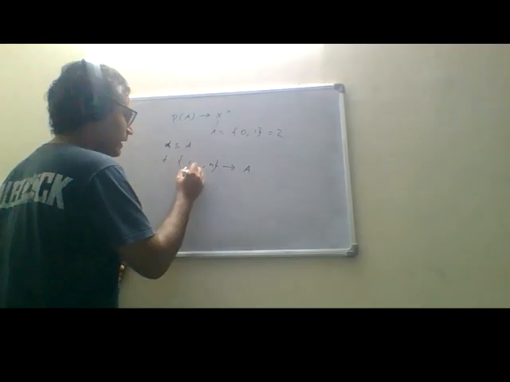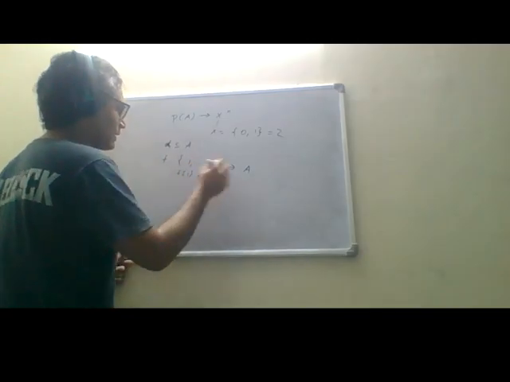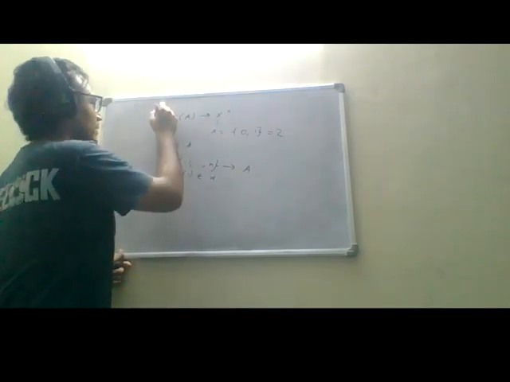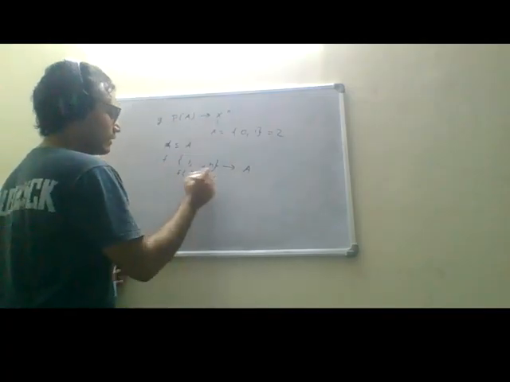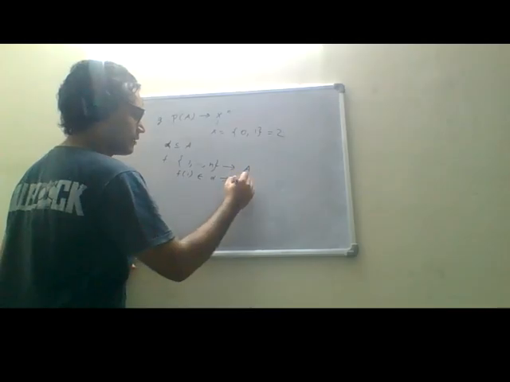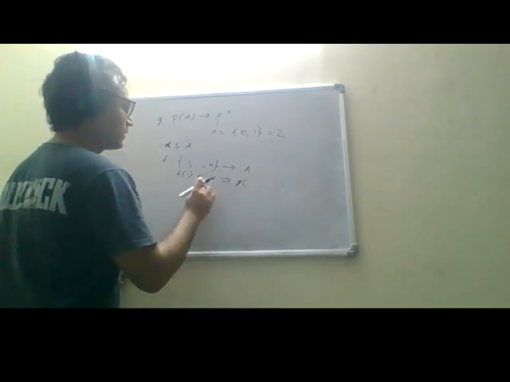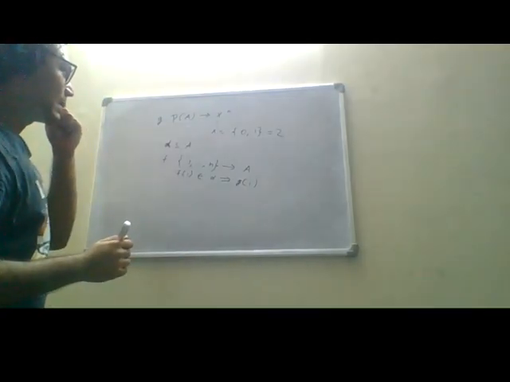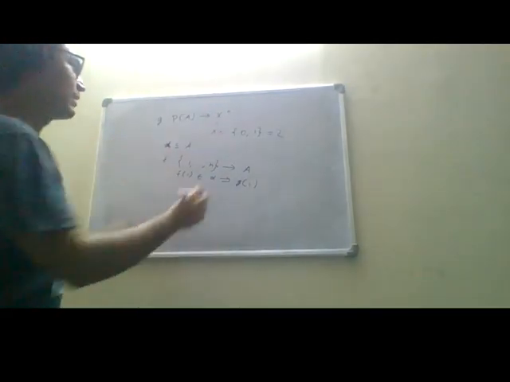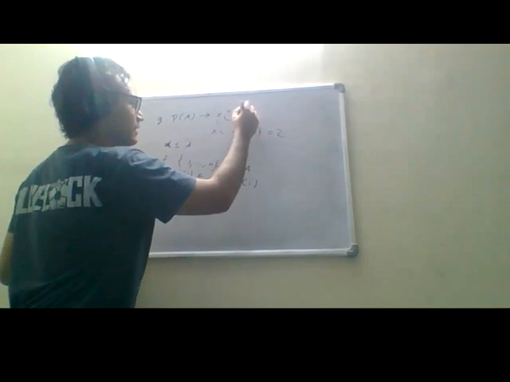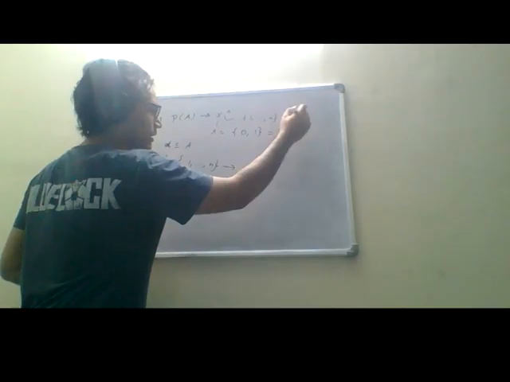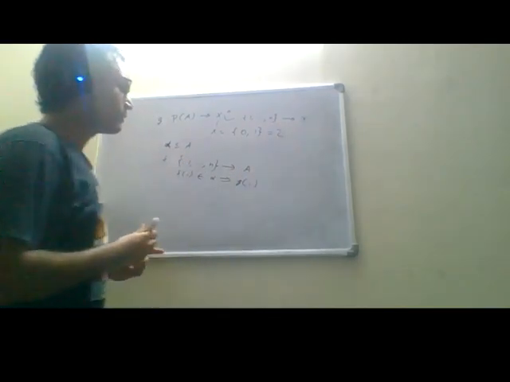And if f of i belongs to alpha, then I'll call it g of i. So ultimately this is the set of all functions from 1 to n to x, right?